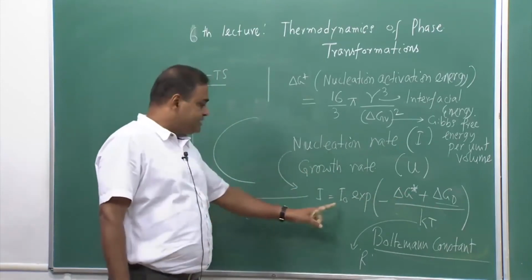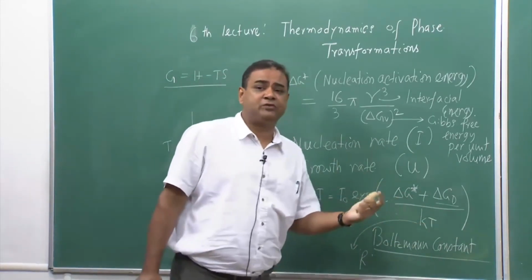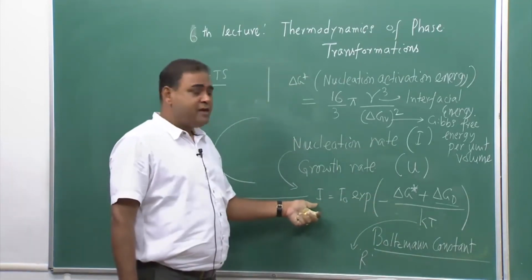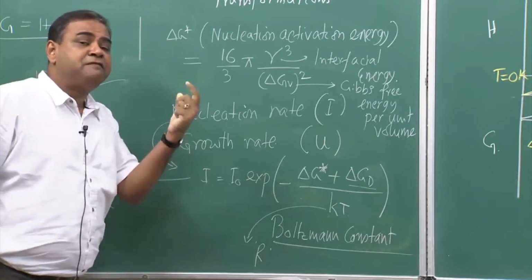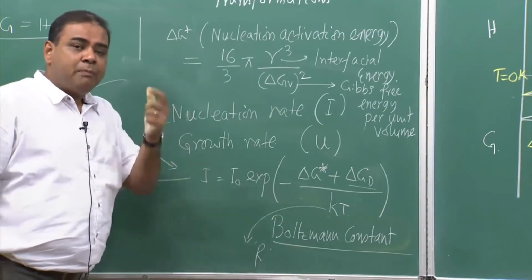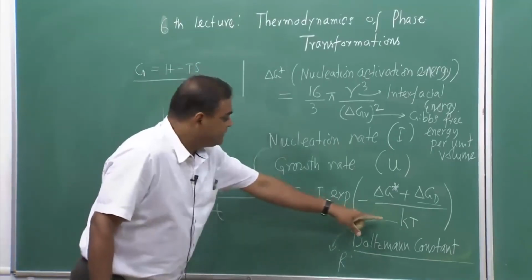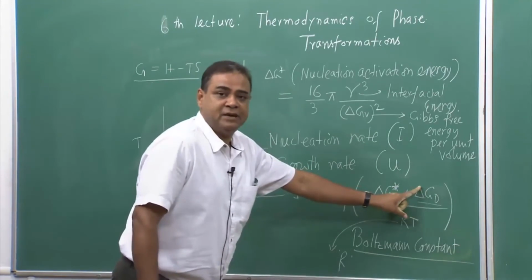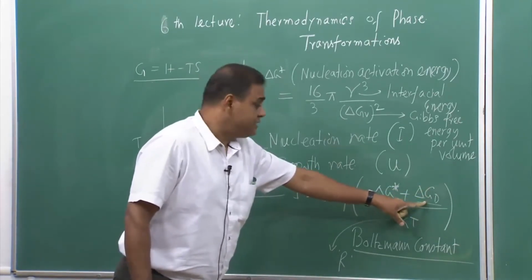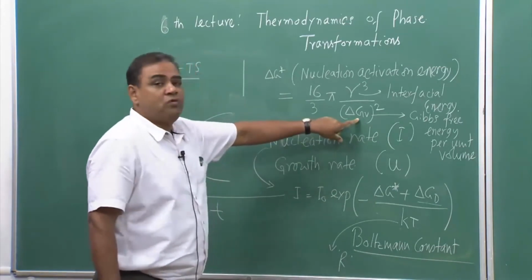So, this I0 is another constant, and this is the temperature where I would like to find out I. Okay? I is the nucleation rate, that means the number of nuclei appearing per unit volume per unit time. That is basically decided by ΔG* as well as ΔG_D. We have ways to find out ΔG_D, but when we try to find out ΔG*, we need to know what ΔG_V is.